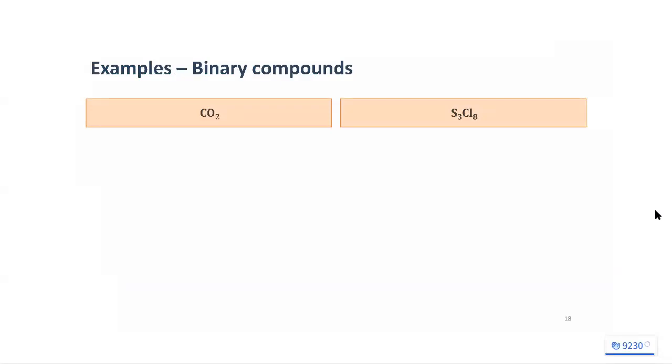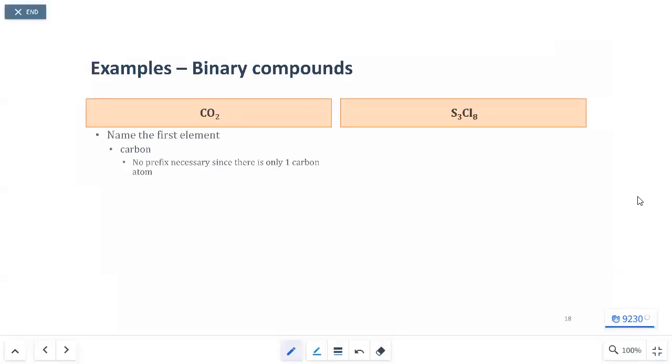So we can take a look at a couple of examples here. So CO2, we start with the first element, carbon. Since there is only one carbon, mono is implied. We do not need to call it monocarbon. It's just carbon.